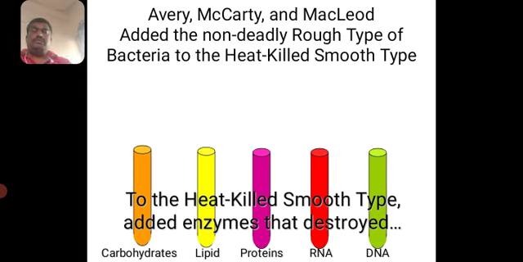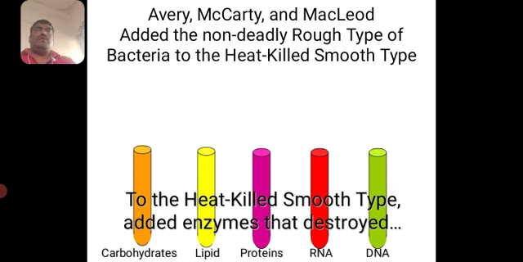These are the enzymes which denature a particular component like carbohydrate, lipids, proteins, RNA and DNA. In each tube he added the mixture of 2 strains, and they were working on the fourth step, on how the mice die.